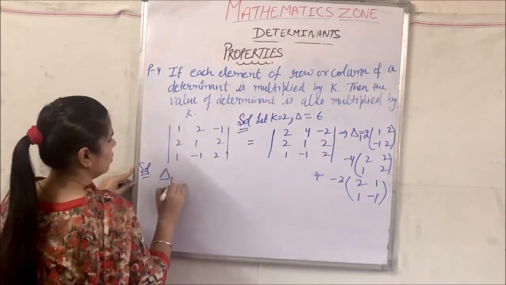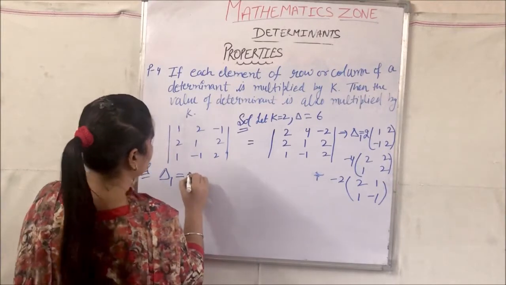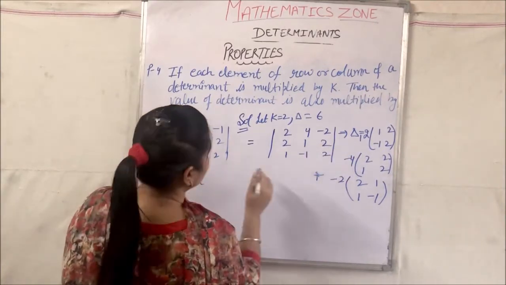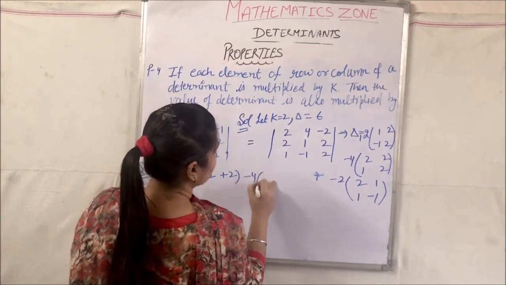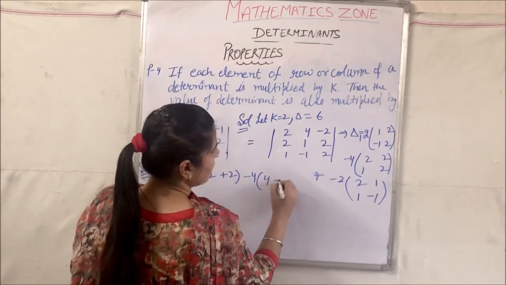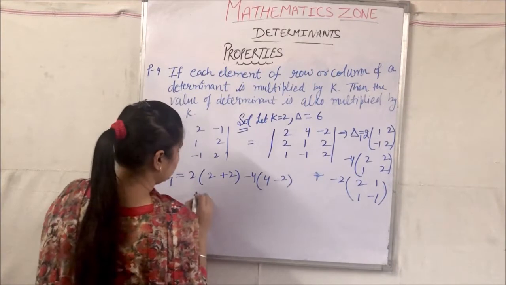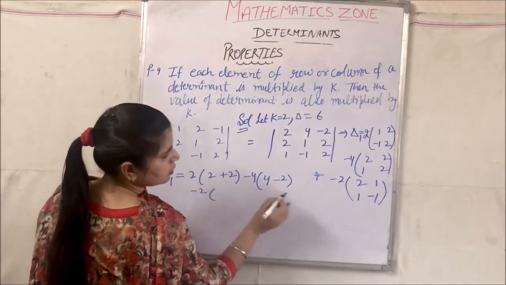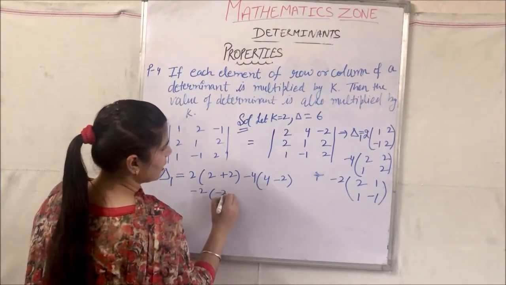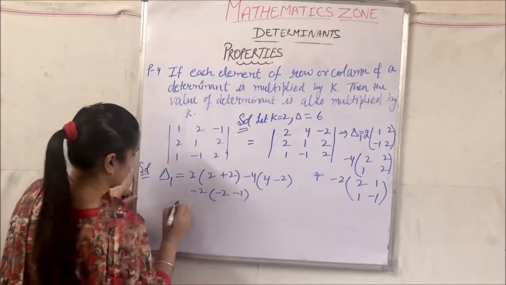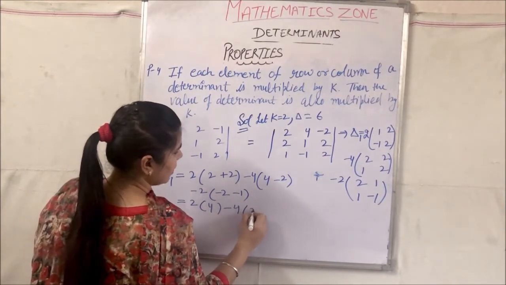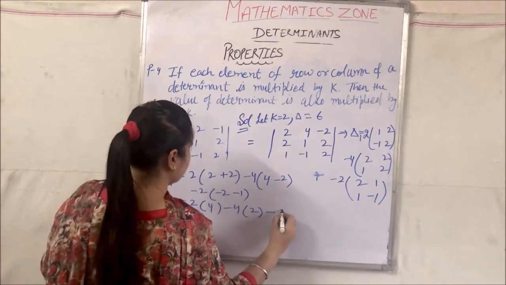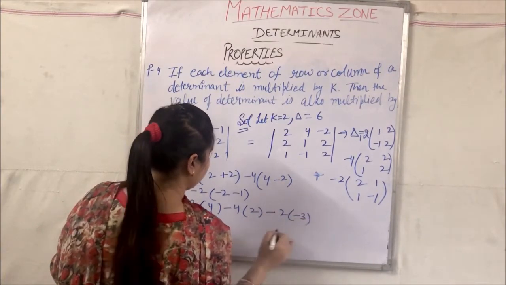So, we will solve. Delta 1 is equal to 2 into 2 into 1 into 2, plus 2 minus 4, 2 into 4 minus 2 and minus 2, 2 into minus 1 is minus 2 minus 1. So, 4 minus 4 multiplied by 2 minus 2 minus 3.